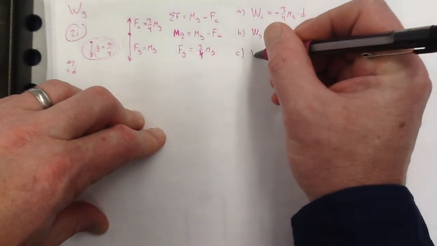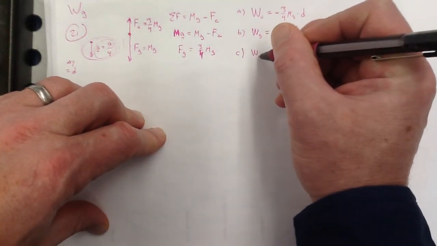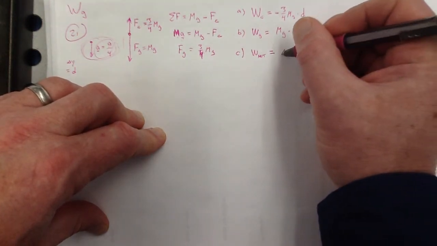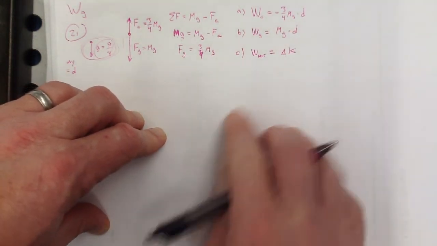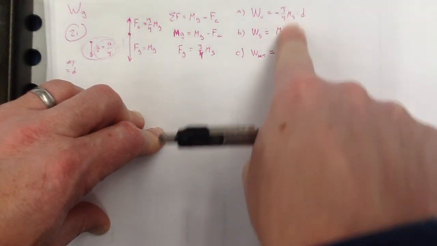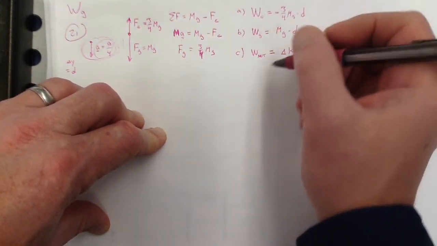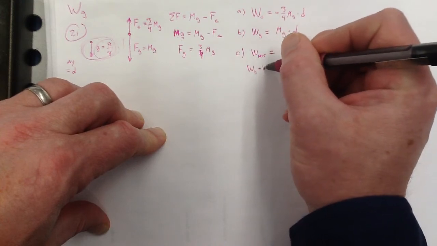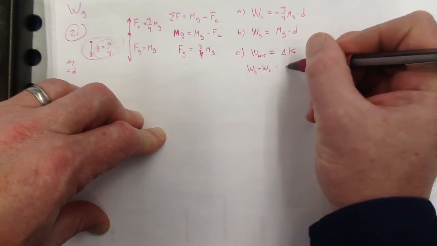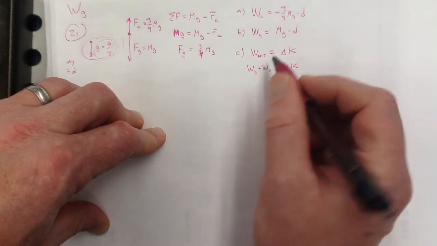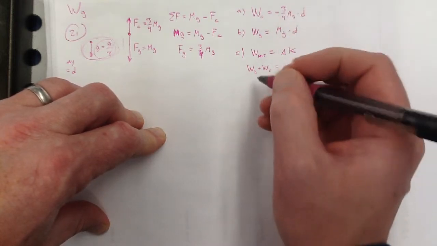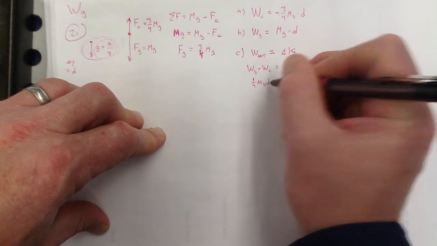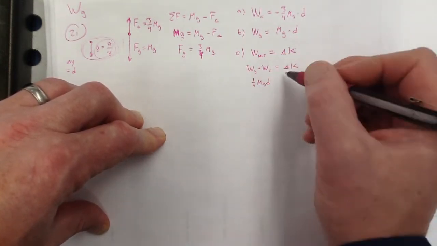Well, the total net work that's done is equal to the change in kinetic energy. So the net work, that's the sum of these two. Maybe I'll just write a more high-level statement of that. And then adding those two together, I get 1/4 of an mgd.